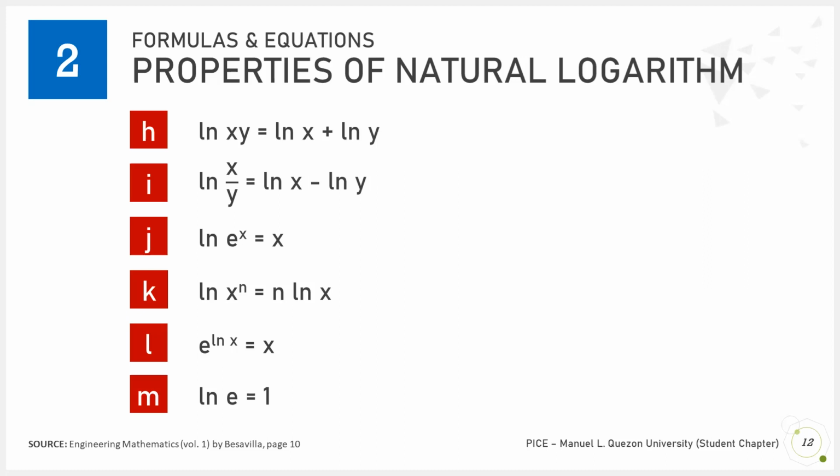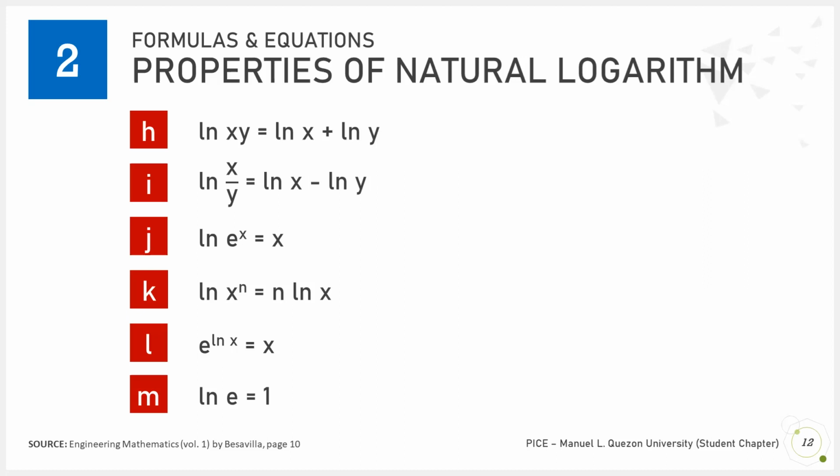When we bring it down, it goes beside the natural logarithm, that is, it multiplies the logarithmic term, and what remains in the argument of the natural logarithm is x. This is the case when we have expressions or terms inside the argument of the natural logarithm.